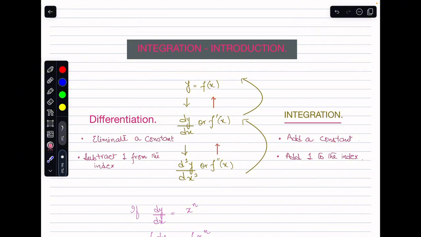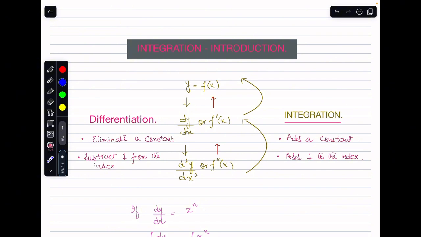But in integration, if the second derivative is given to us and they have asked us to get the gradient of the curve, then I shall be integrating the second derivative to get the gradient of the curve, and in return the gradient of the curve, the first derivative dy by dx or f prime x, should get integrated to get the equation of the curve.